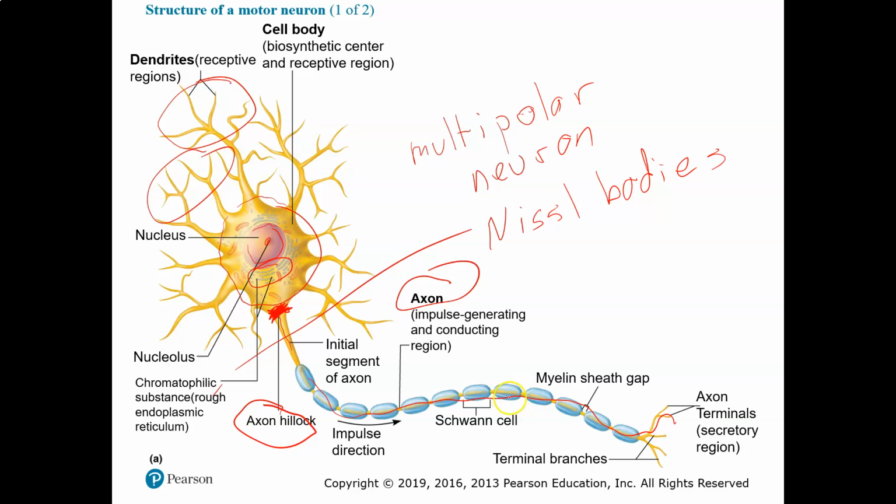Because it contains Schwann cells that form the myelin sheath. If it was a central nervous system neuron, then it would contain oligodendrocytes that formed the myelin sheaths. And the myelin sheath, remember, is there to increase the speed of the action potential or electrical impulse.